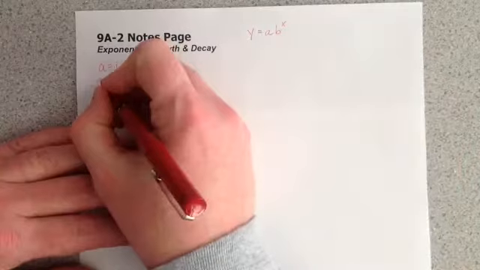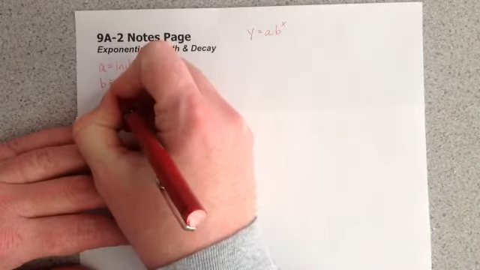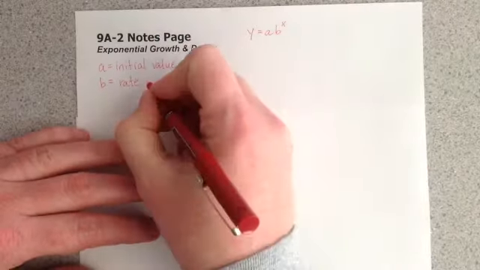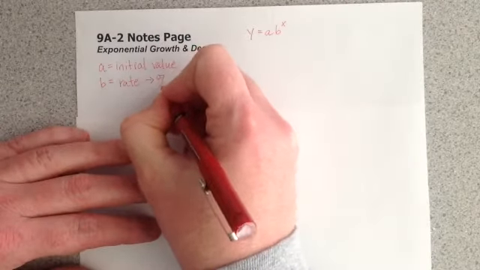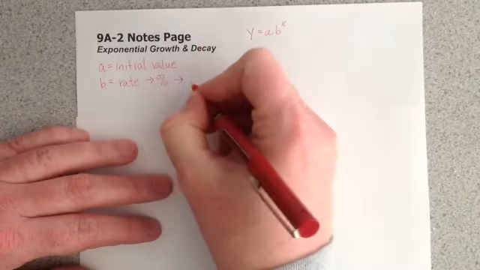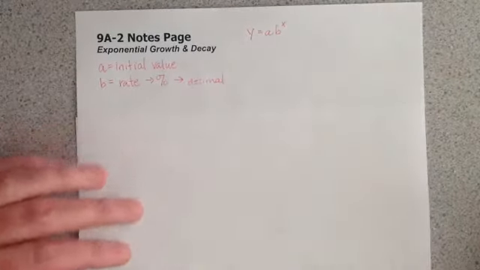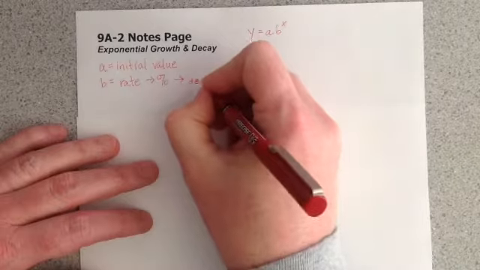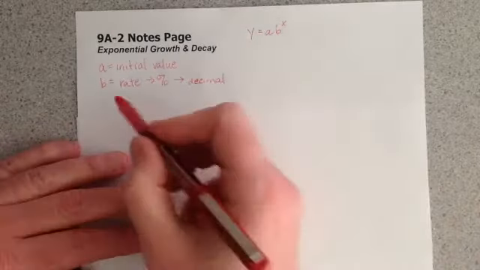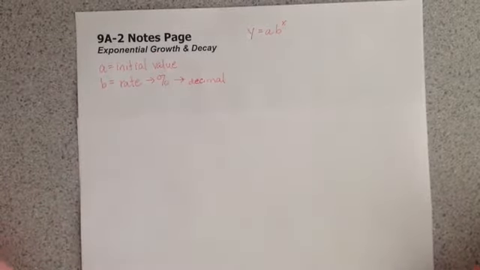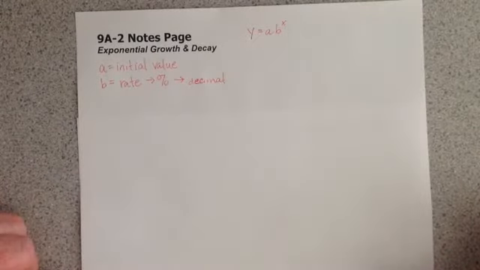Okay? B is the rate. The rate will be given as a percent, but you have to change it to a decimal. So b is always the rate. 36%, 123%, 2%, whatever.